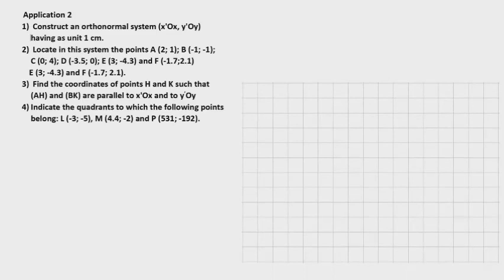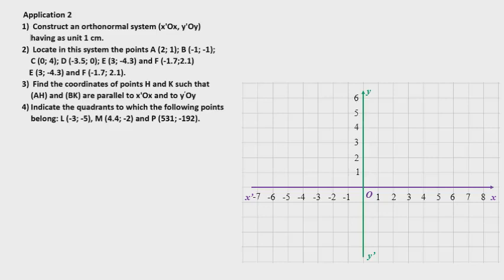So first of all, we have to construct an orthogonal system x'Ox, y'Oy. We have to enumerate it, put the positive numbers to the right of the abscissa or to the top of the ordinate axis, and the negative numbers to the left and to the bottom of the system. First of all, we put A (2, 1), so 2 as abscissa and 1 as ordinate.